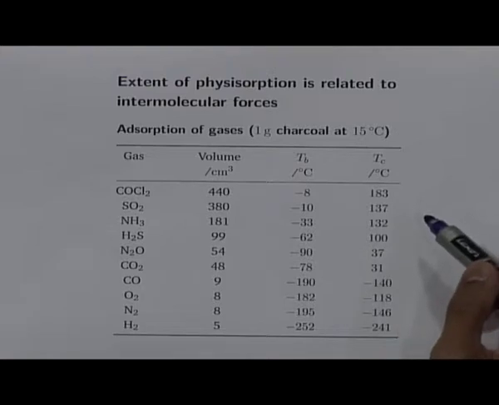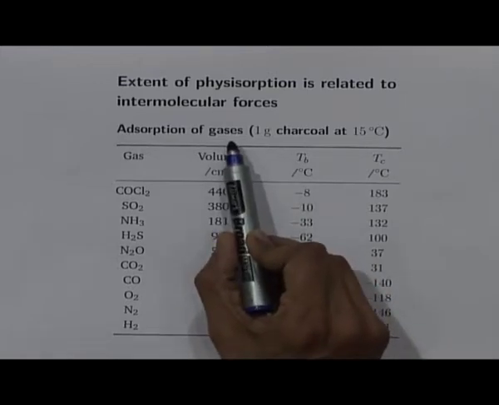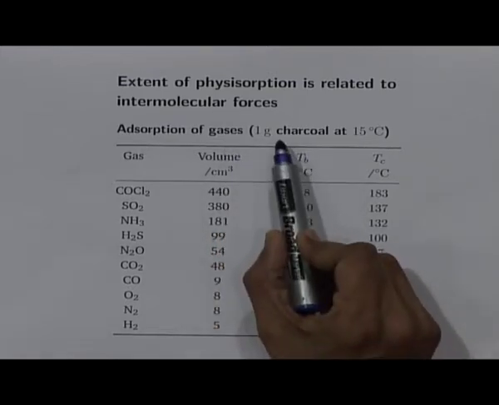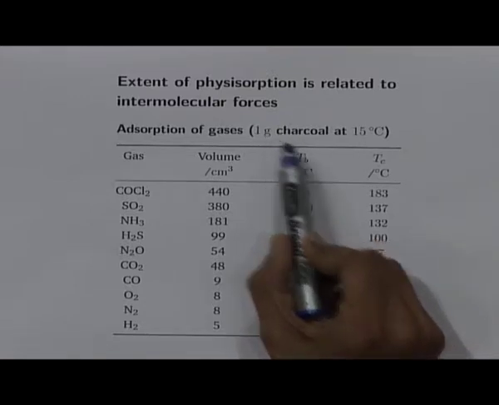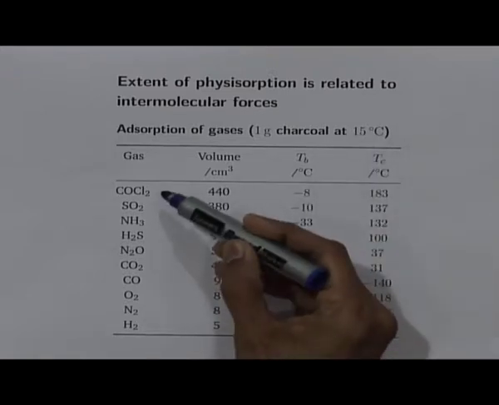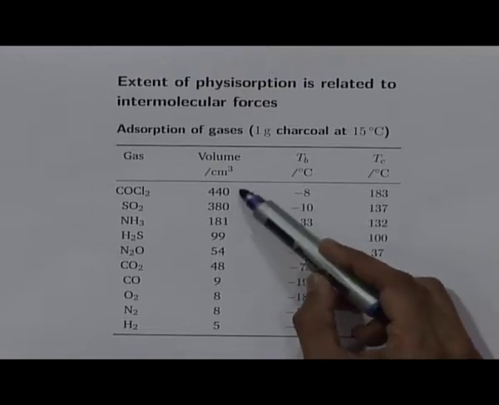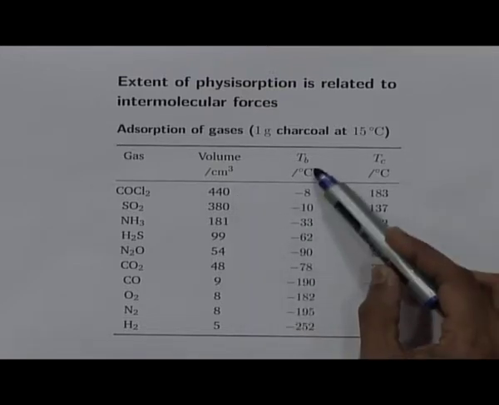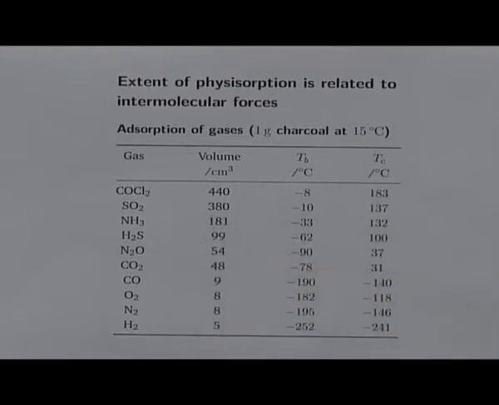I have taken a particular example of the adsorption of various gases, and I am looking at the adsorption on activated charcoal, 1 gram of it at 15 degrees Celsius. And here are various gases. It is not important for you to know any of these numbers, but it will give you a trend.